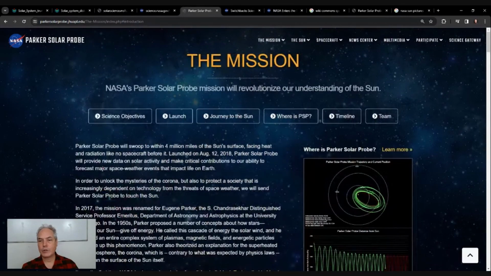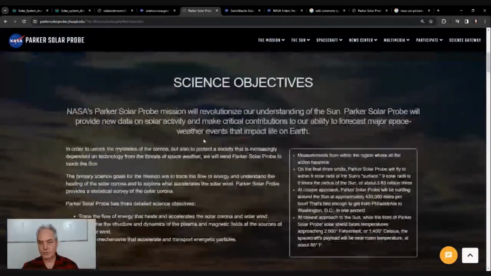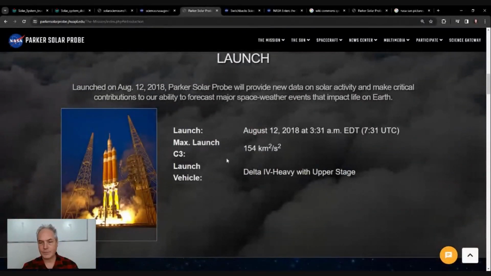So let's look at how the mission goes. Let's see, I've got some information. So the mission started in 2018, and we sent the probe into space. Well, it was not that easy because first of all we need to calibrate this probe, and we need to make sure that we can have a consistent orbit.